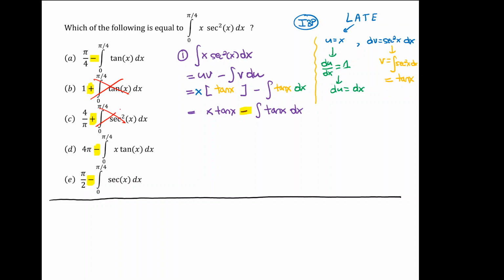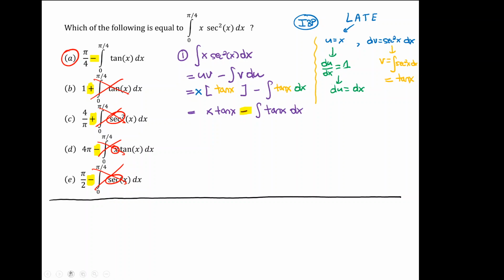Option C is wrong. It's got plus secant squared. Now option D has the minus, but it has an x in there, which doesn't match. And then option E has the secant, which doesn't match. It's a tan. So it must be option A.